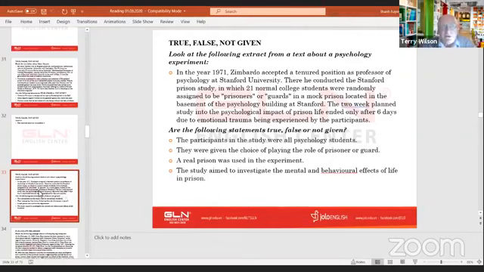Let's have a look at another one, true, false, not given. So look at the following extract from a text about a psychology experiment. I'll let you read that paragraph and then we'll go through the statements.